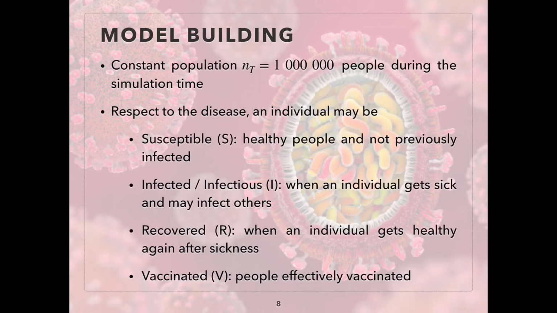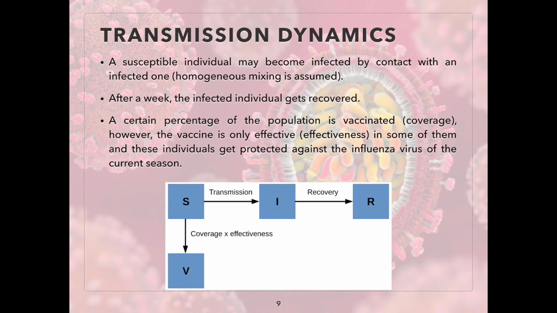With respect to the disease, an individual may be susceptible if it is healthy and not previously infected, infected or infectious when an individual gets sick and might infect others, recovered when an individual gets healthy after sickness, and vaccinated when the person is effectively vaccinated. A susceptible individual might become infected by contact with an infected one.